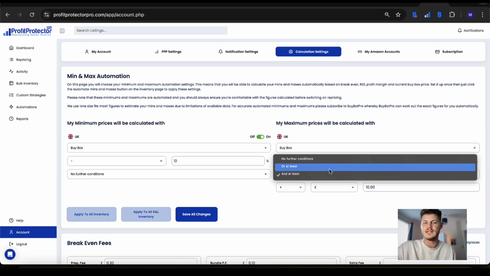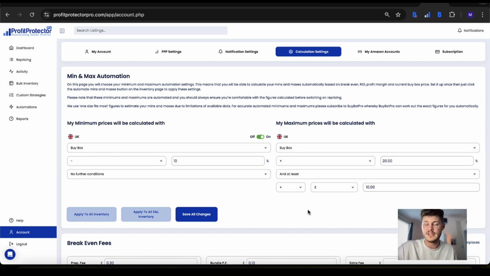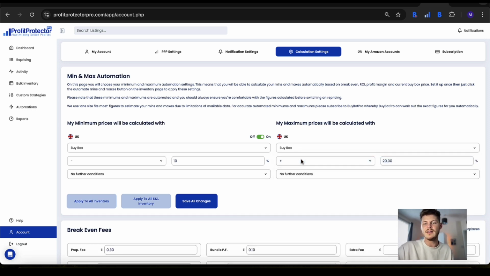"At least" or "at most" are both also feasible options here, and with both, I would say anywhere up to $10, anywhere up to €10. Again, you're going to know your inventory a lot better than me, but just thinking generally, this sort of thing makes sense to me. So if I have it like this, save all changes. Don't forget to save your changes when you're done.